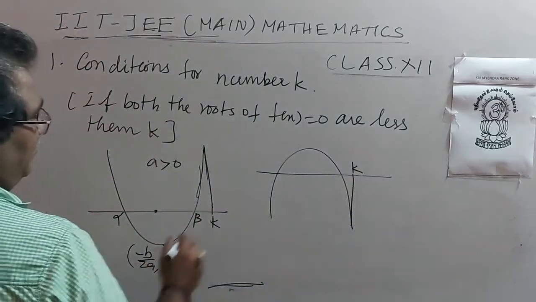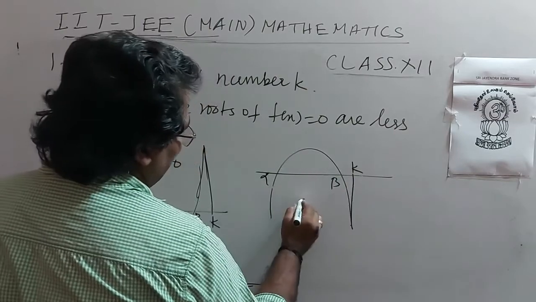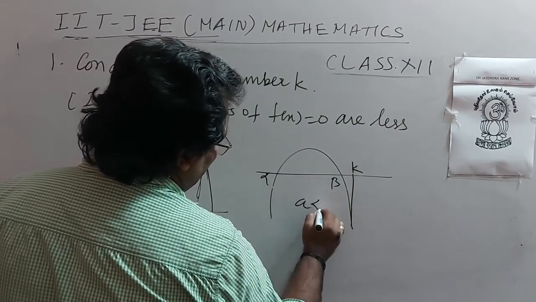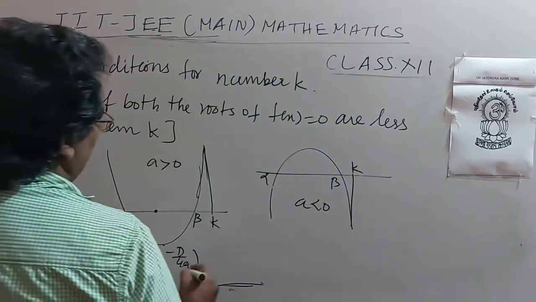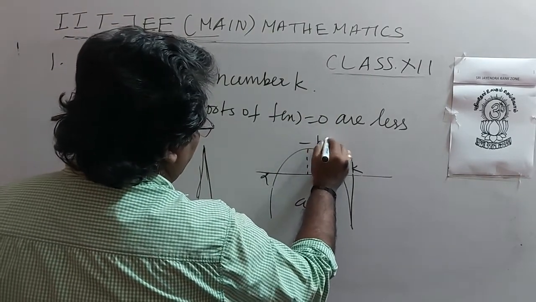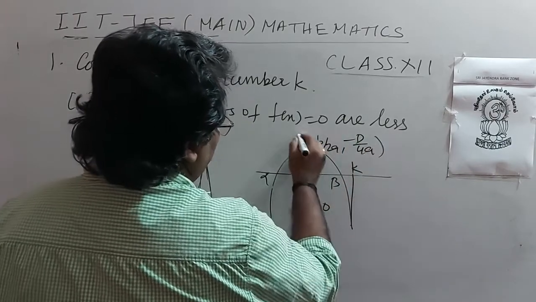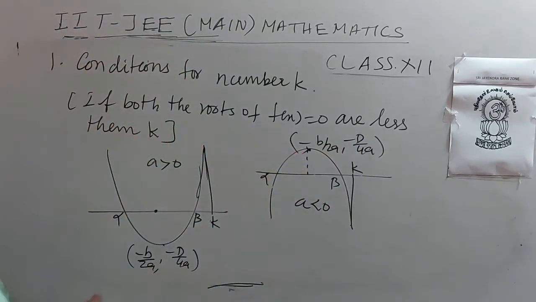Here k, here alpha, beta. This is less than k, where a is less than 0, minus b by 2a comma minus d by 4a, this point.